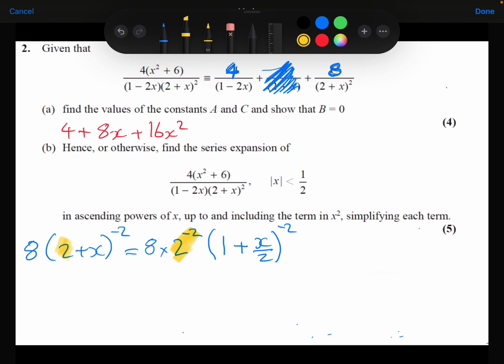Now, 2 to the power minus 2 is 1 over 4. When you do 8 times 1/4, we get 2.